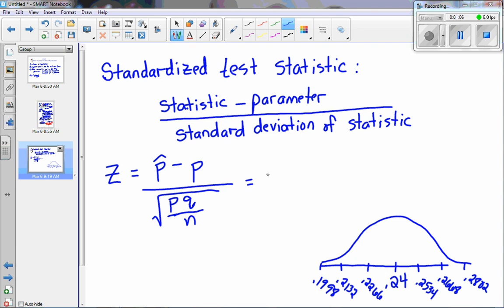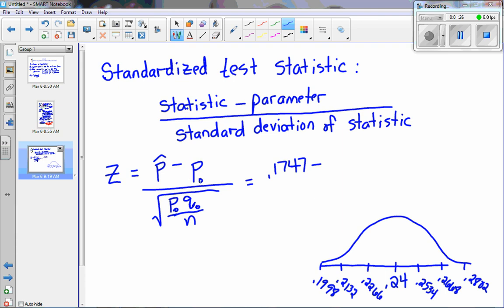So for our particular example, our p hat value was 0.1747 minus p. Now, if you want to, in the formula, you could call this p naught, because these are always going to be our null hypothesis values when we calculate our test statistic.